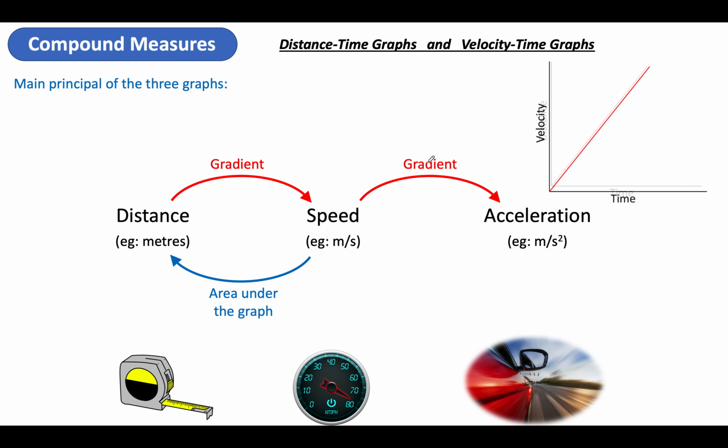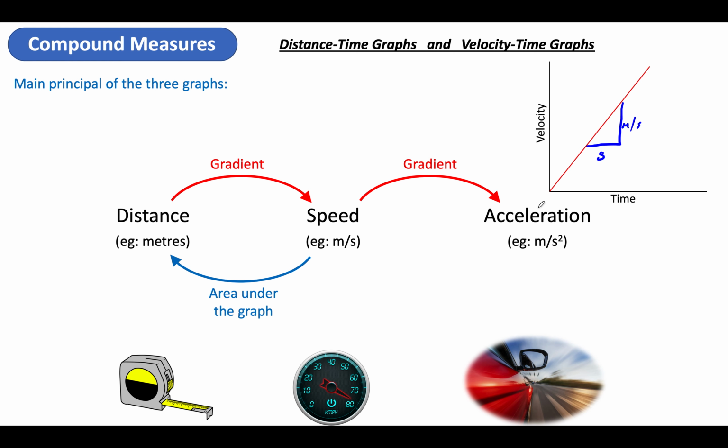But let's say I've got a velocity time graph and I find the gradient. So I've got my line there. This is my velocity time graph. I've got my meters per second because that's the difference in meters per second, and I've got my time there. If I divide one by the other, it actually tells me the acceleration. So on a speed graph, a velocity graph, gradient is acceleration.